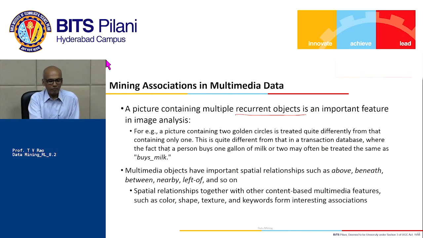When we say a person buys a gallon of milk, we treat it the same way as the person buys milk. Even if the person buys 5 gallons of milk, we treat the same relationship, that is, buys milk. But in an image, the existence of one circle is different from the existence of 5 circles within the same image.